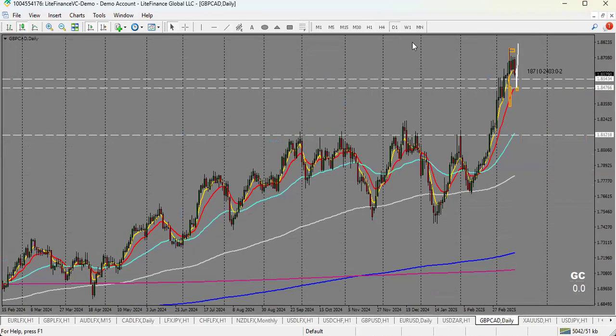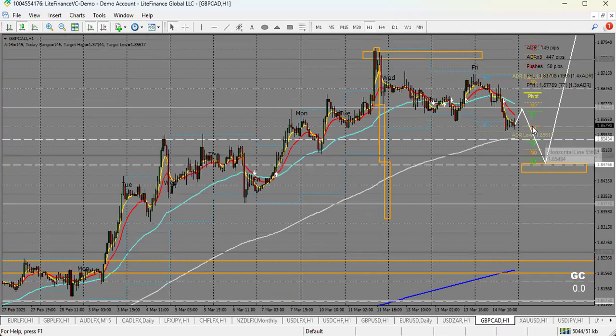Let me see where the 3 times ADR ends. So we're having our next area of support down here. If price does break this area here, we should be expecting price to reach this large quarter point below here.